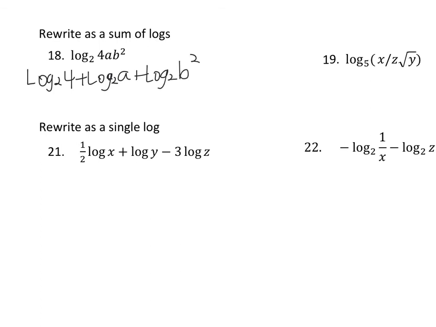Now I know what the log base 2 of 4 is, don't I? Log base 2 of 4 is 2, plus the log base 2 of a, and my exponent becomes my coefficient, plus 2 log base 2 of b. And that's my final answer.